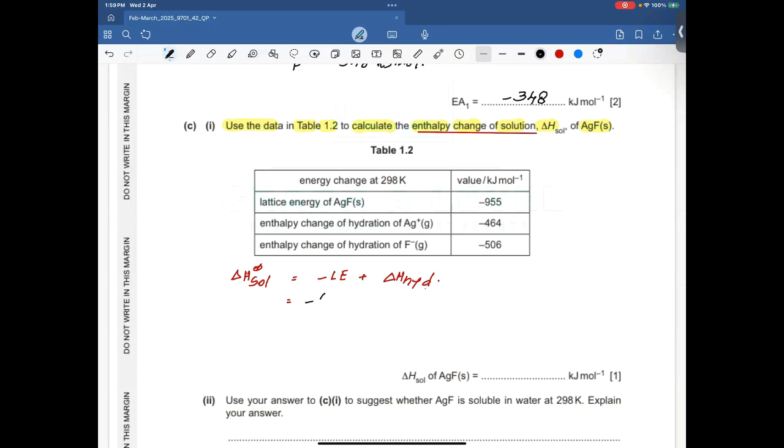Lattice energy is already given, which is plus 955 (the reverse), plus hydration of silver ion, which is minus 464, plus hydration of fluoride ion, which is minus 506.